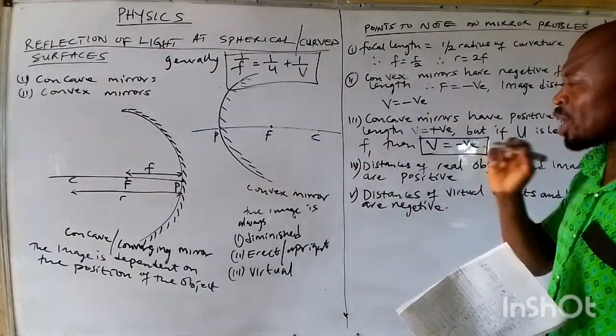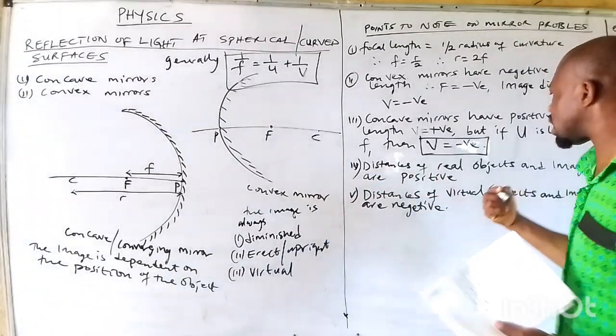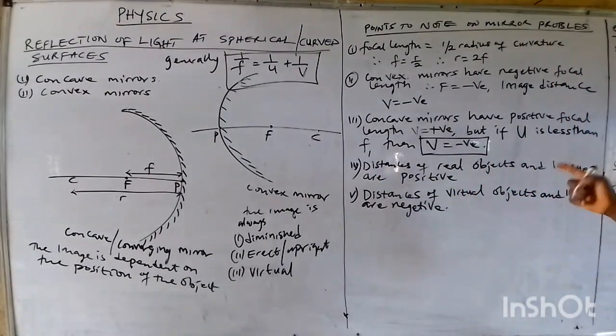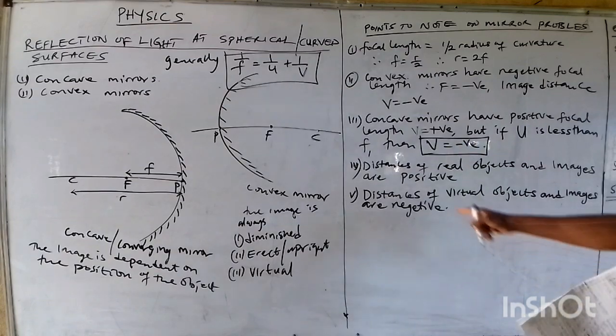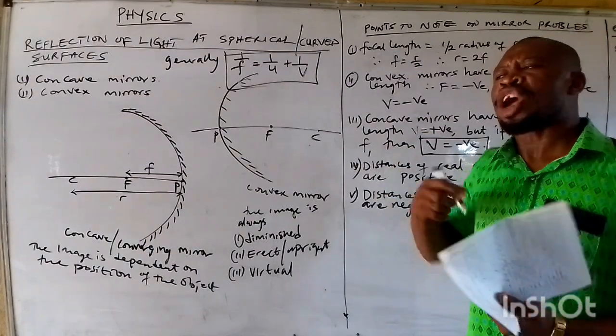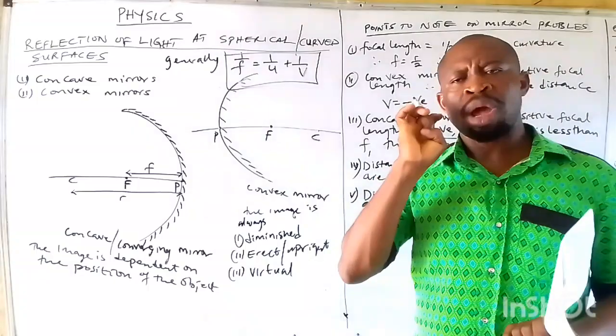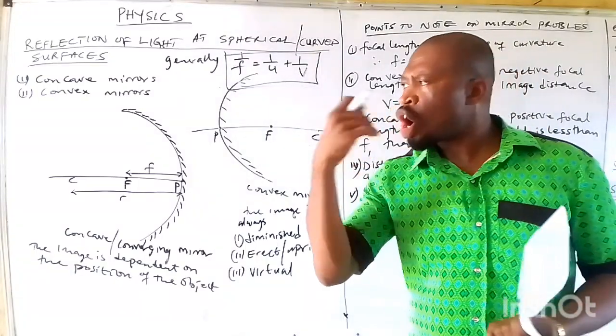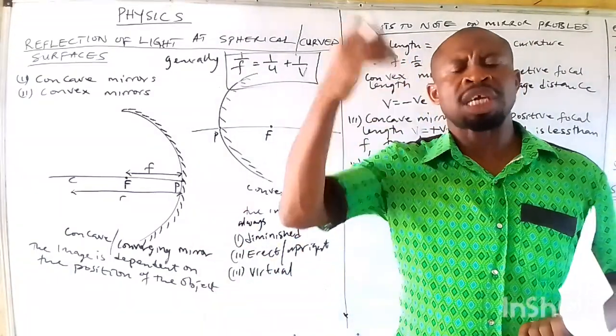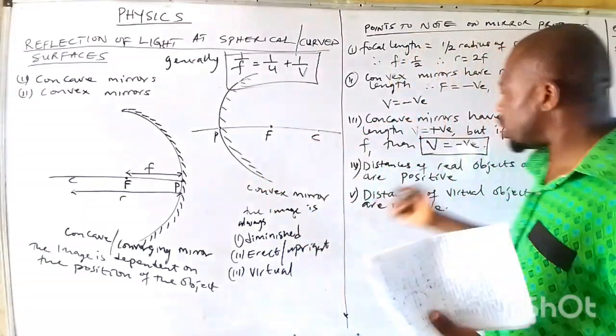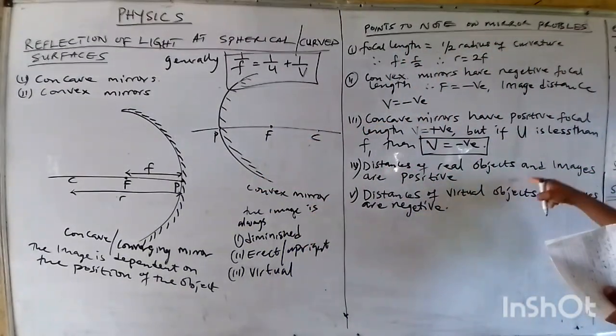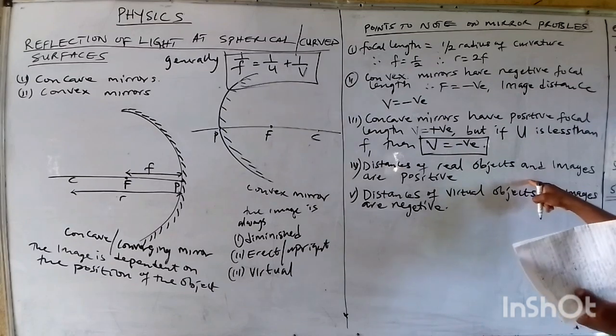Now, the fourth point I want us to note is that distances of real objects and real images are positive. Once the question says that both the object distance and the image distance are real, then both u and v will be positive.